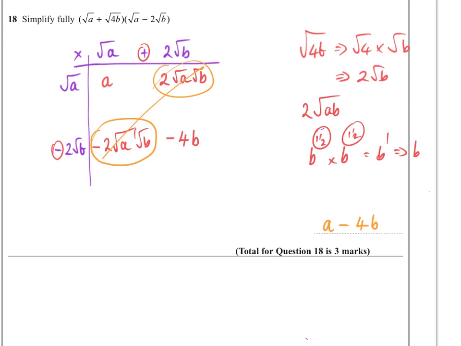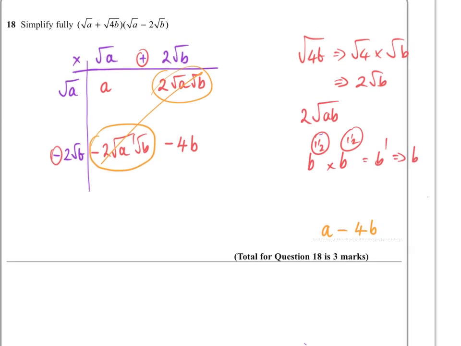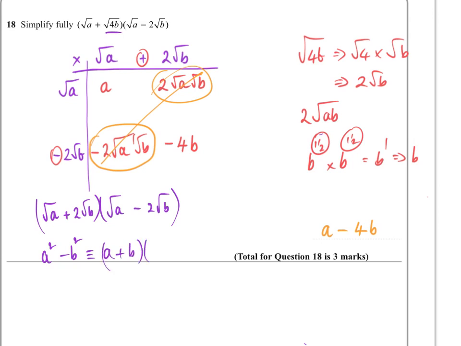Now one other idea here is, if your algebra is really good and you've spotted this, which is root A plus root 4b, don't forget we said is 2 root b, times exactly the same but a minus in the middle, then that's like a difference of 2 squares, because don't forget a squared minus b squared is a plus b times a minus b.